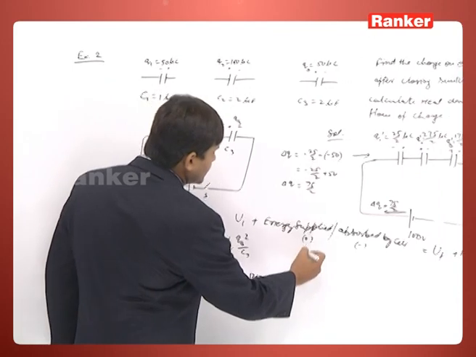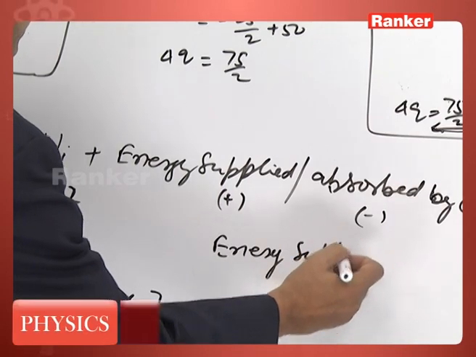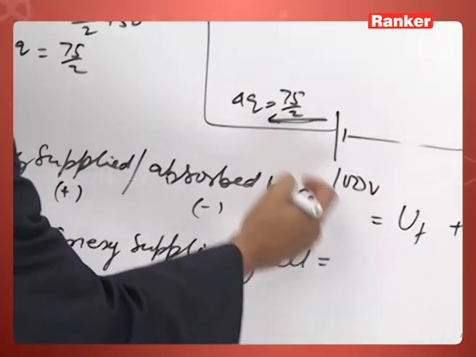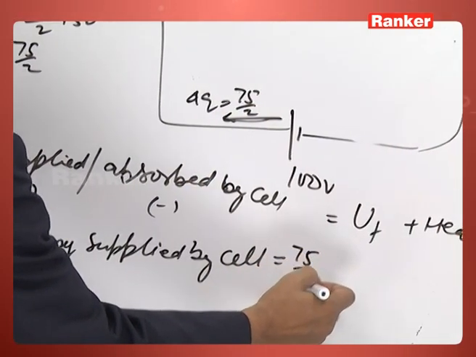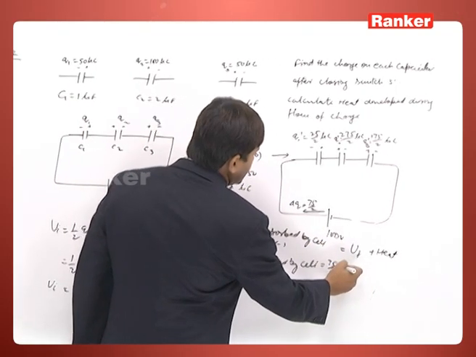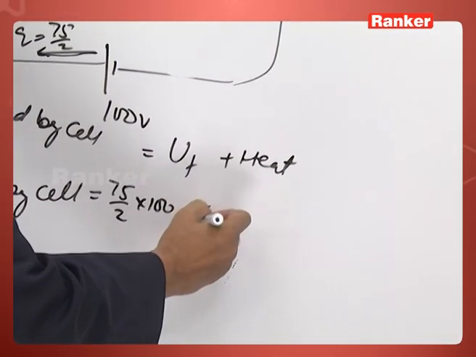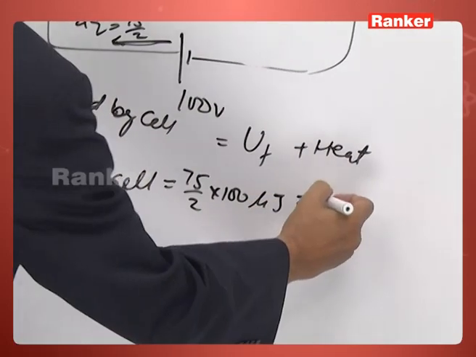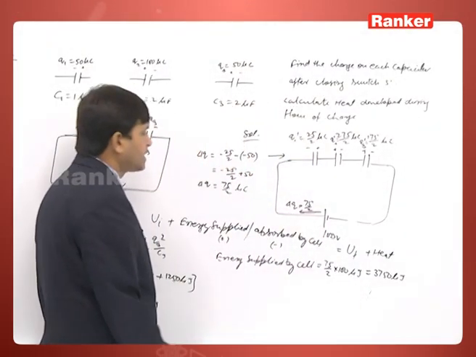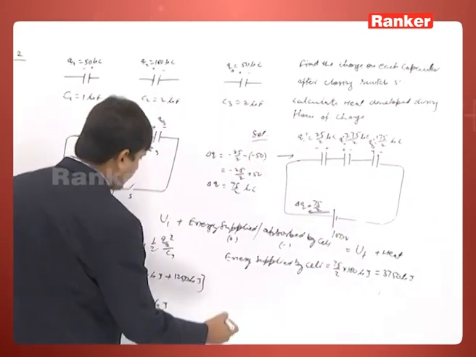So energy supplied by the cell is equal to charge flown, 75 by 2, and that charge was in microcoulomb, into EMF 100, in microjoule. So this will be your 3,750 microjoule.